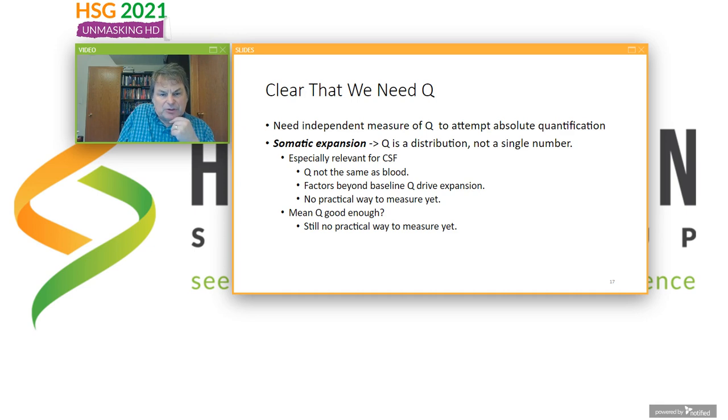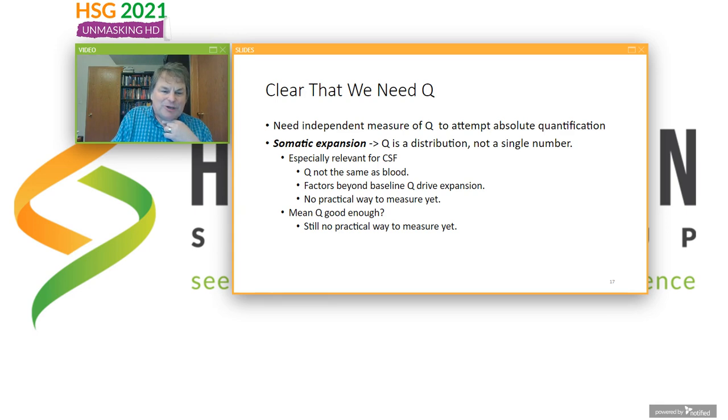We know about this phenomenon of somatic expansion, whereby the polyglutamine lengths are increasing in the brain, and increasing actually kind of inconsistently. We know that we don't wind up with a single Q length in the proteins that we're trying to measure, but rather a distribution of Q lengths within the CSF protein. So it's not as simple as just knowing the CAG length from a white blood cell and the concomitant Q length that comes from that CAG length.